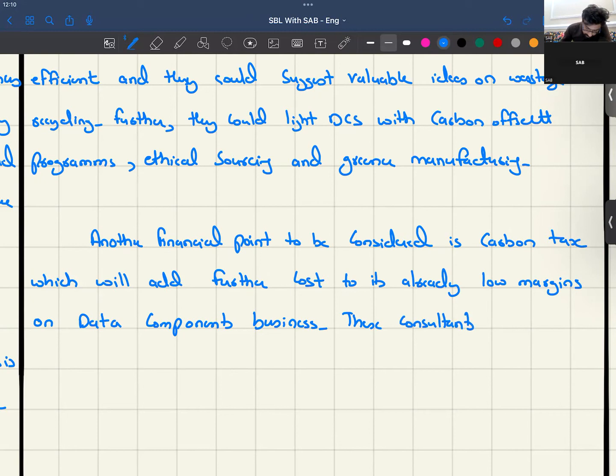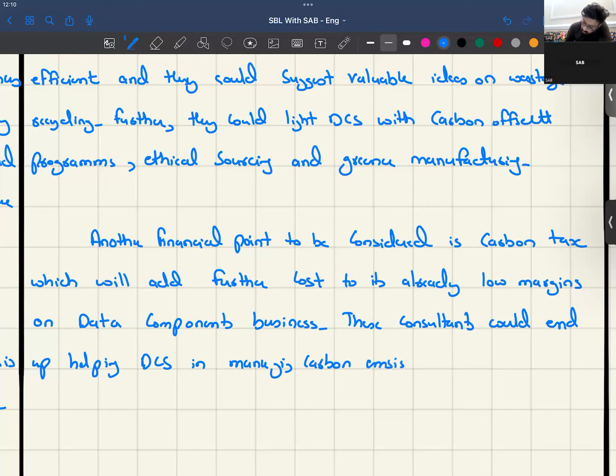Now, these consultants could end up helping DCS in managing carbon emission, as well as reducing tax liabilities.